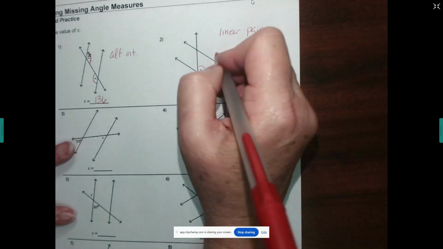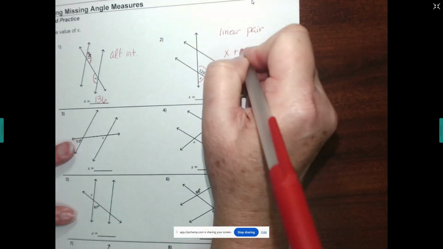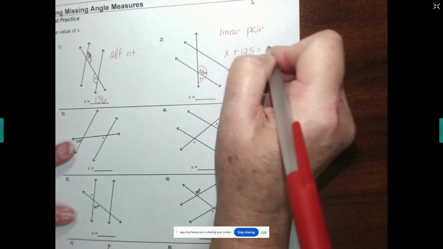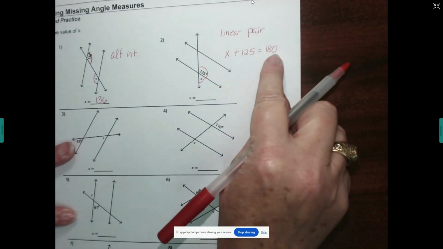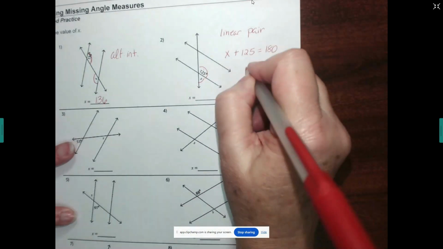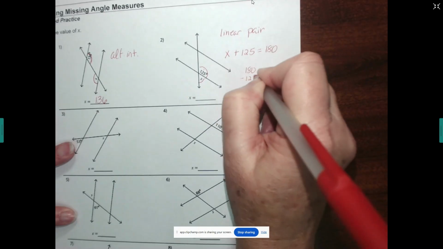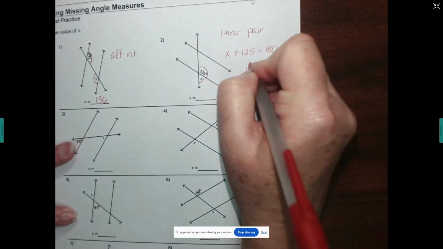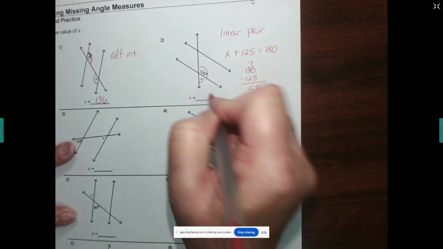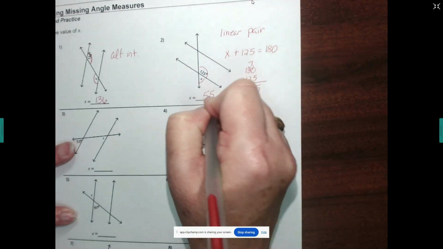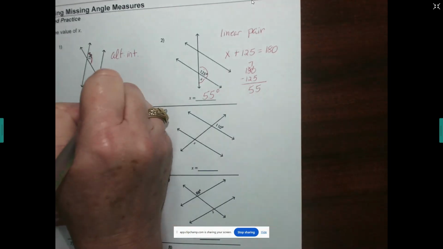So that means that x plus 125 has to equal 180 degrees. So to solve this, we simply subtract 180 minus 125. All right, and that is 55 degrees. Got my degree sign here.